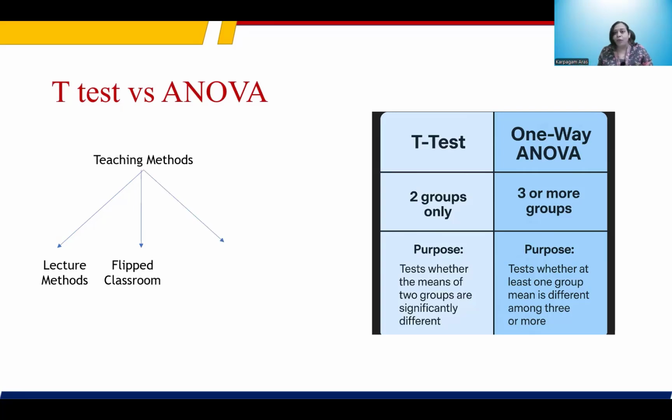Third, I implement project-based learning. Will the means of the three different learning methods be the same for the learners, or will they be different? This is what we do in ANOVA. In simple terms, when you have three or more groups, we will use ANOVA.